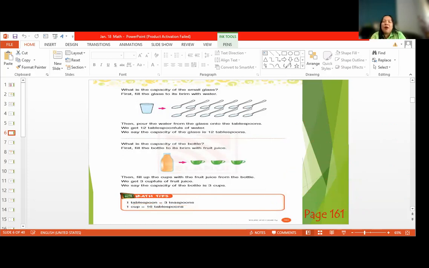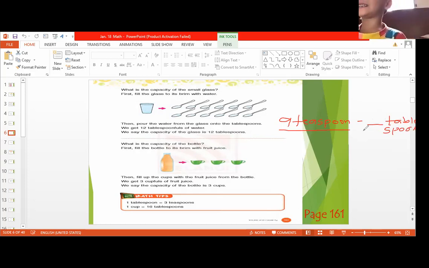One more. What if I tell 9 teaspoons? How many tablespoons? 3.